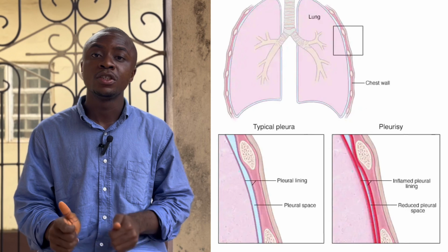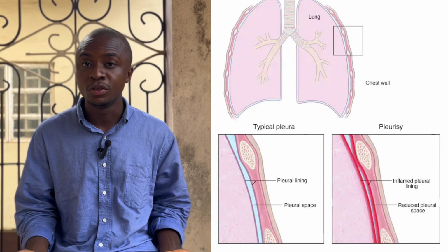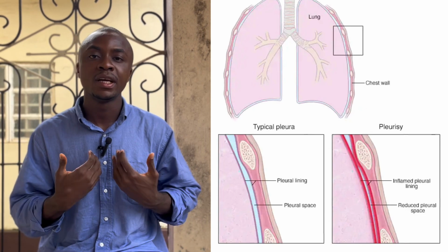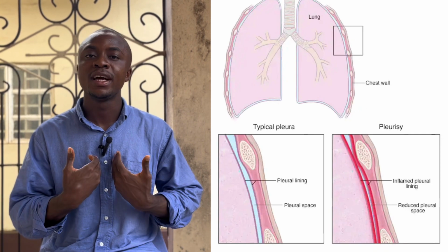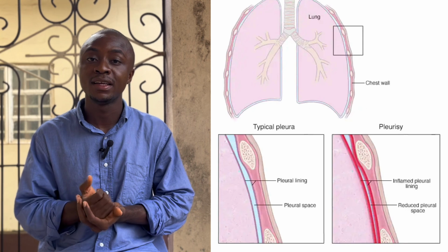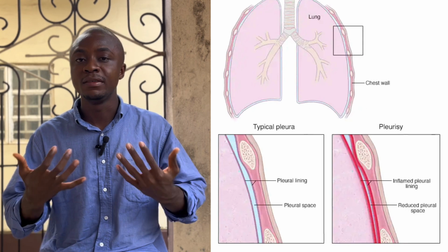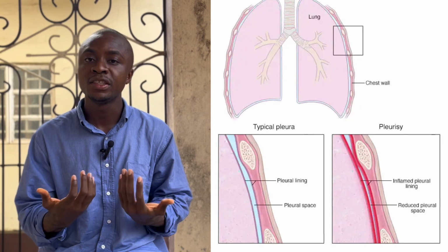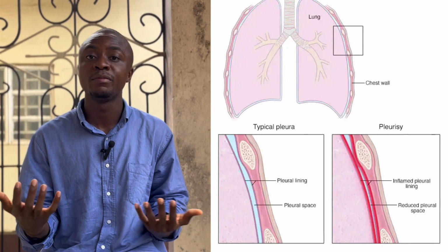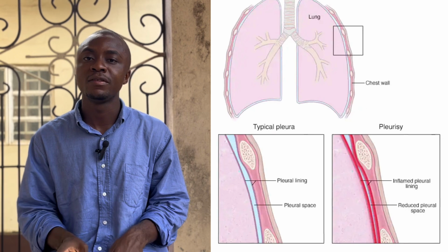We all know the function of these membranes: they produce the pleural fluid, which reduces friction and helps in lubrication. If there is any inflammation, it increases the friction, leading to rubbing between the membranes, and hence you will feel some amount of pain. So it's very, very important for you to know.